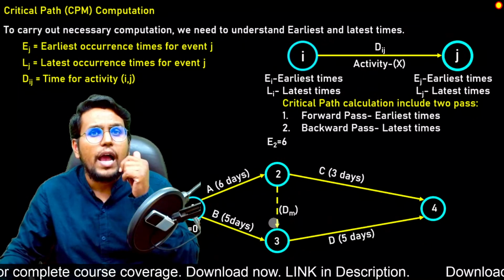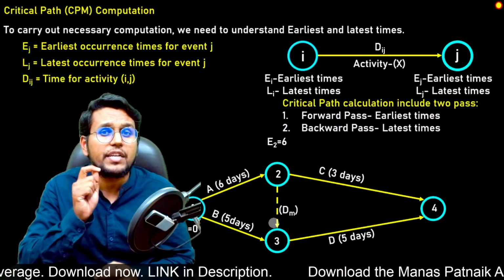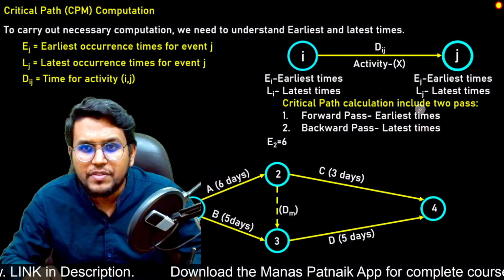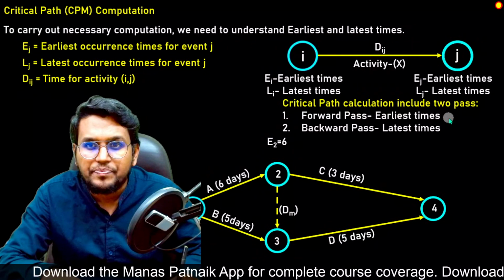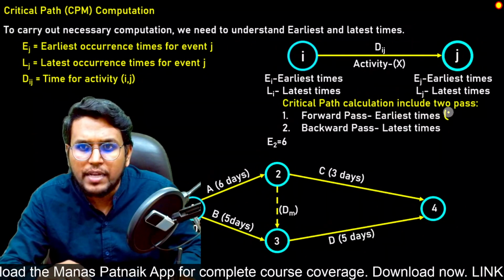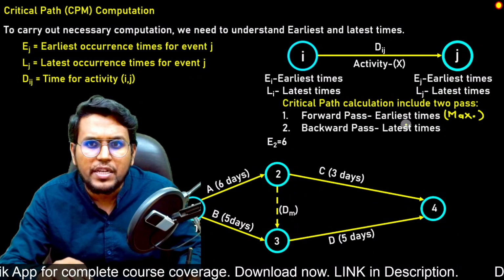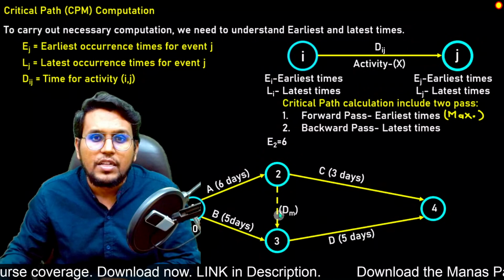Whichever has the maximum time, we will select that whenever we are calculating earliest times. So let me write it here. It will be more convenient if you remember: we take the maximum whenever we are calculating earliest time.